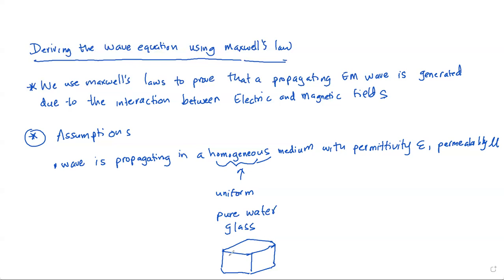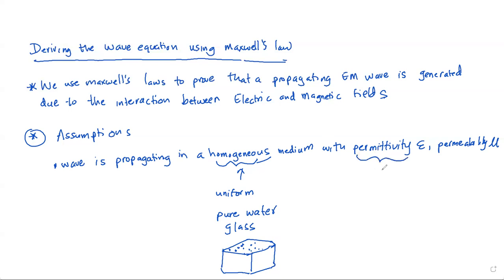Every place has the same density, configuration and features. That is what is meant by homogeneous. Permittivity will be constant throughout the medium.